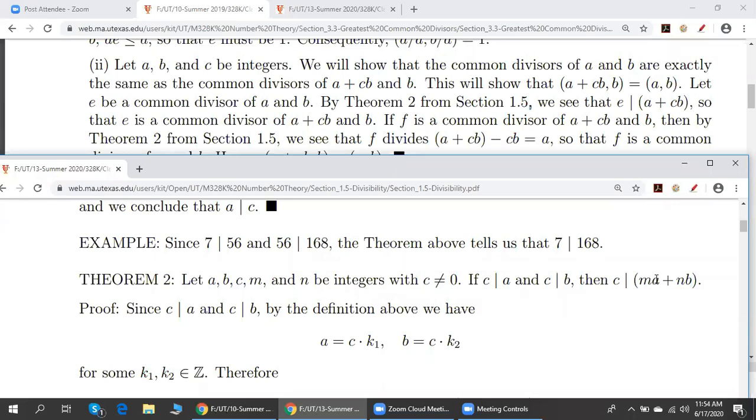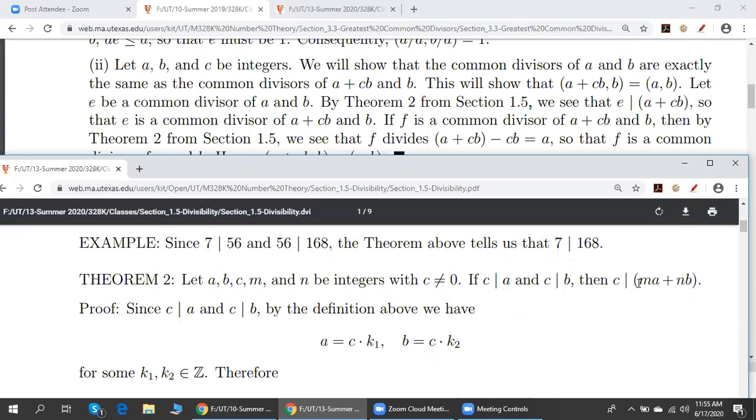In this case, MA becomes A. But remember, over here, A plus CB plays a role of A. So if we replace here M by 1 and A by A plus CB, this term becomes this.